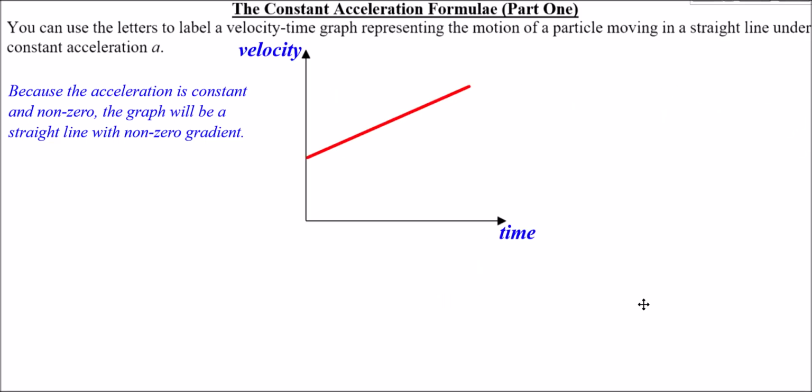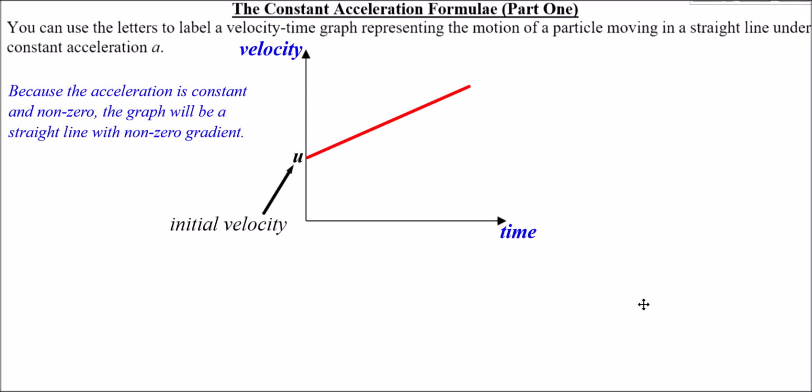So generically, it looks something like this. So label time on the horizontal axis, velocity on the vertical, and that red straight line is showing us a constant acceleration. We can now label on the letters like I've mentioned.